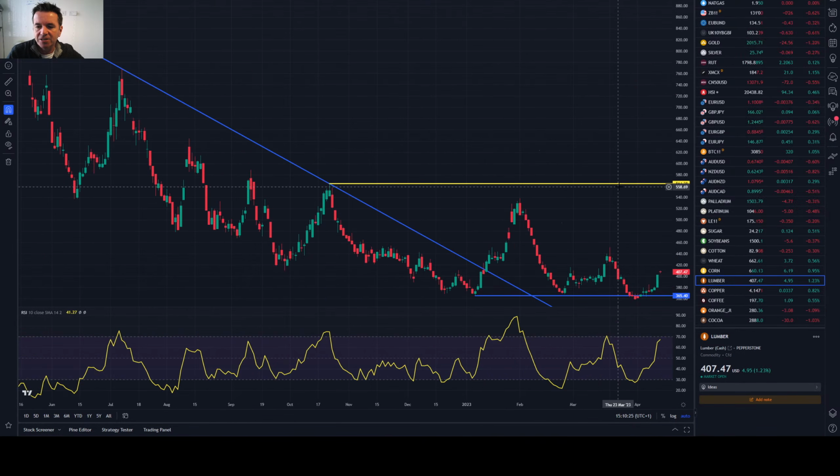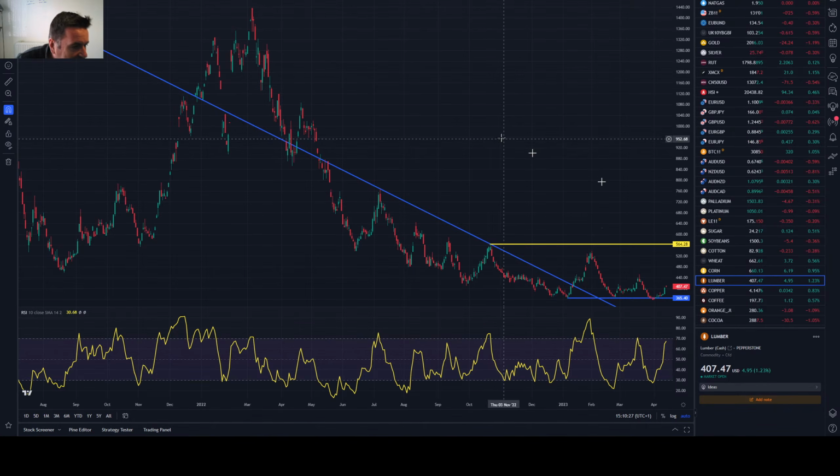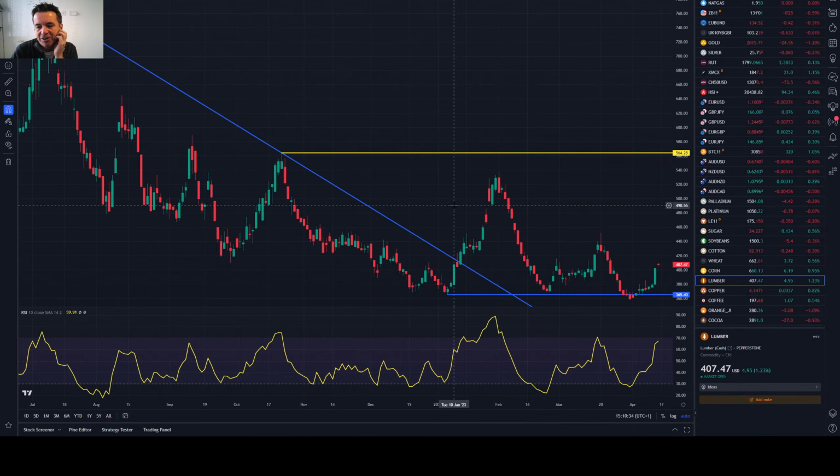Lumber, I think that is an interesting trade. But anyway, let's go back to the questions. Oh, there you go. Lumber is just starting to wake up. I bought it this week, and I put it in the WhatsApp chat group later on. It had gone really dead, and I thought the fact it's gone so dead, this is when it's going to come back to life.